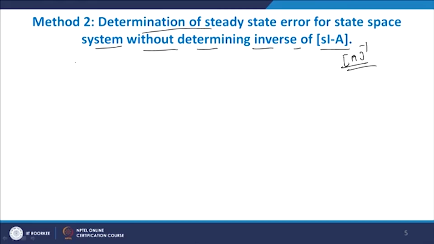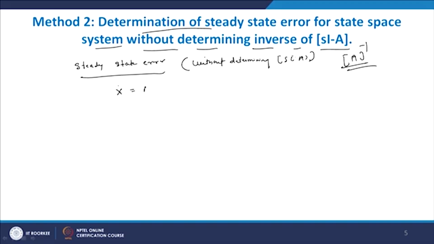So, now steady state error, so without determining the (SI - A) inverse. Now, we take the same plant, x dot equal to Ax plus Bu, y equal to Cx. Now, we have a steady state, because steady state is required.